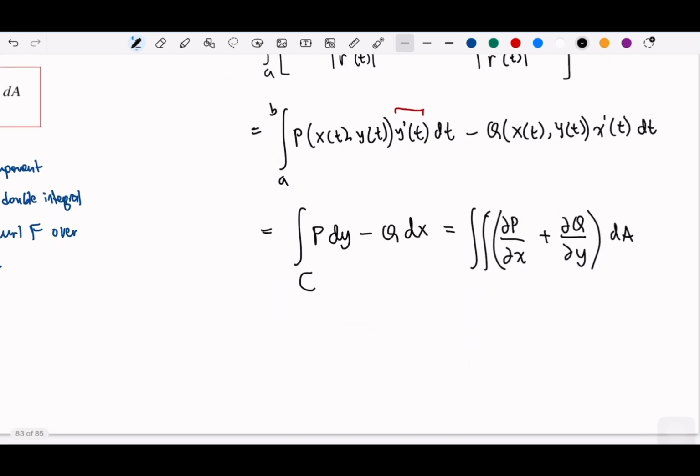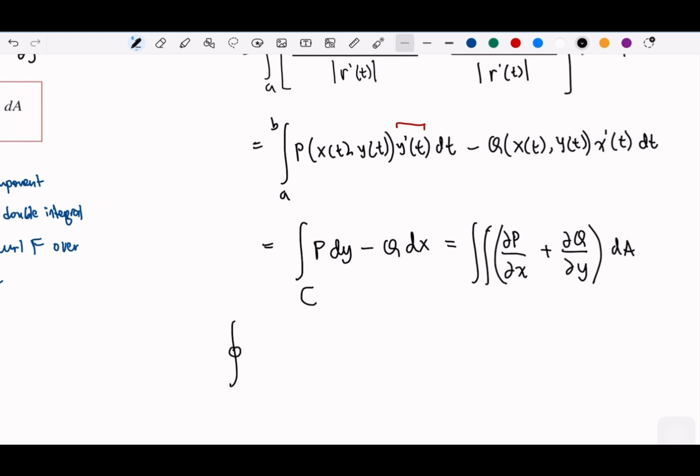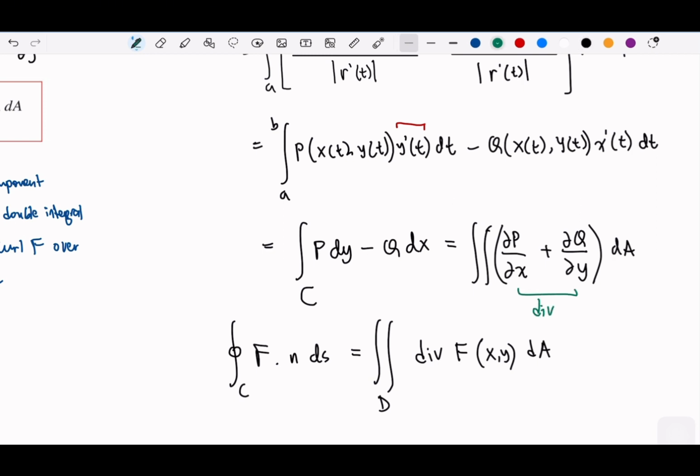Or, in other words, the line integral of F dot n with respect to ds will equal the double integral of the divergence of F in xy, dA, over D. So this is div F, right?